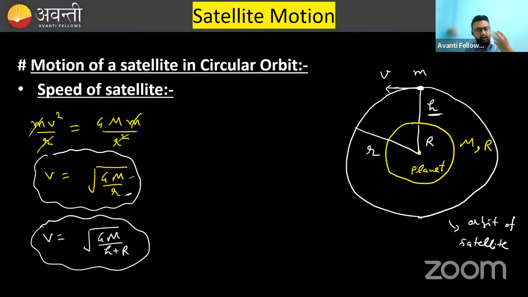If the height from the surface is given, then you can use the second relation. Both these relations signify the orbital speed. This speed is called the orbital speed, the speed of the satellite. I think it is clear.